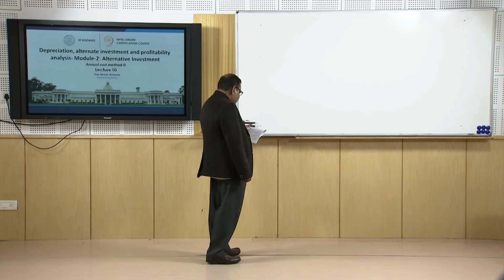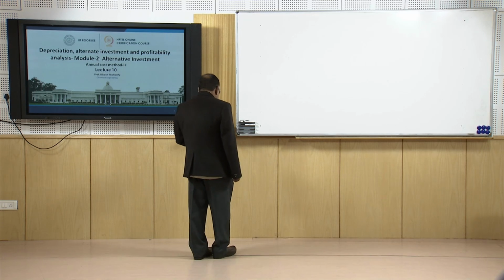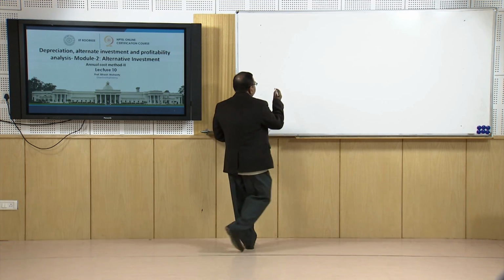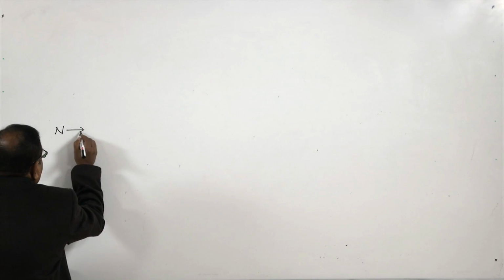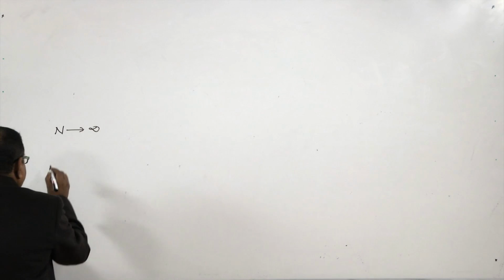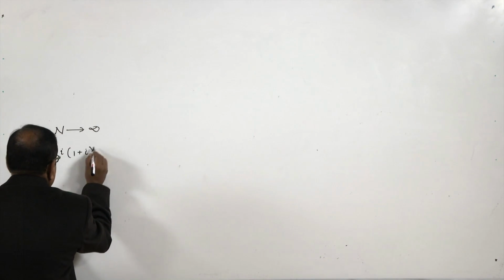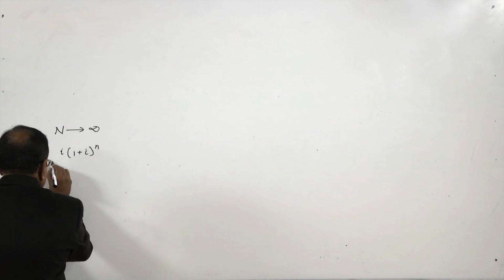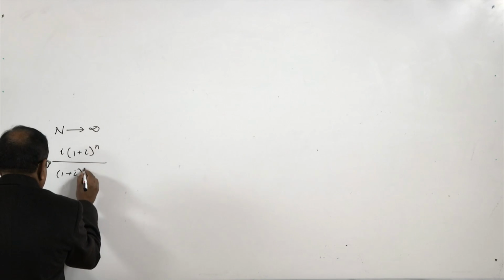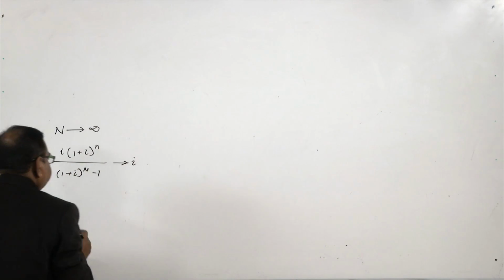While finding the annual capital recovery of a permanent structure, it is assumed that n will tend to infinity, and if n tends to infinity, then i(1+i)^n divided by (1+i)^n minus 1 will tend to i.